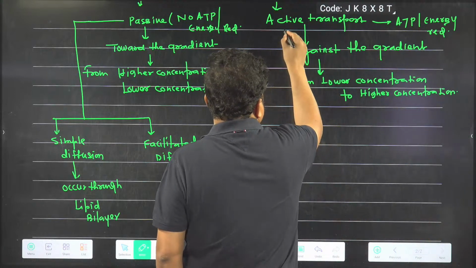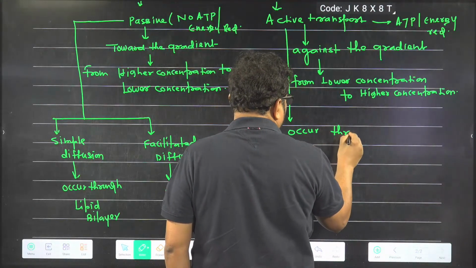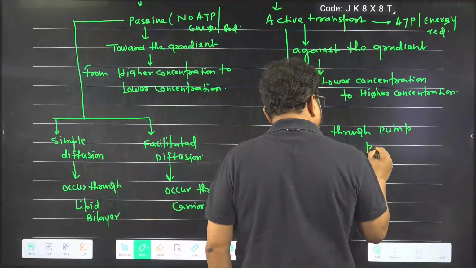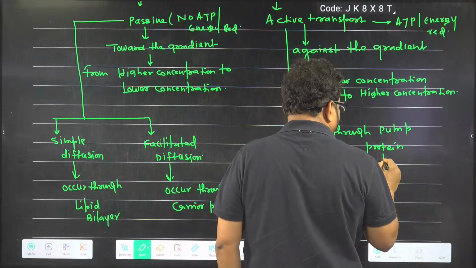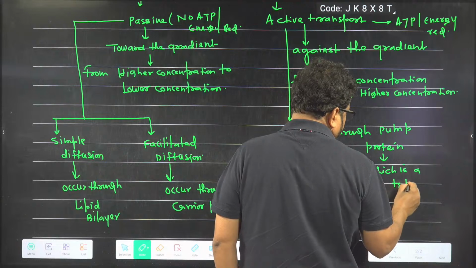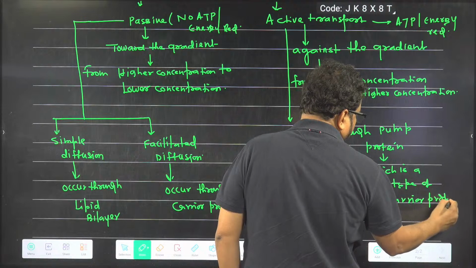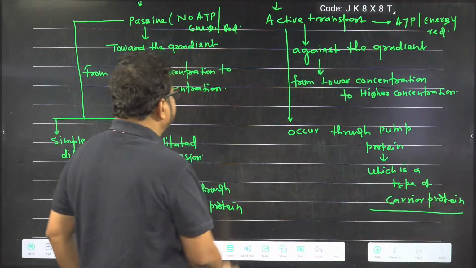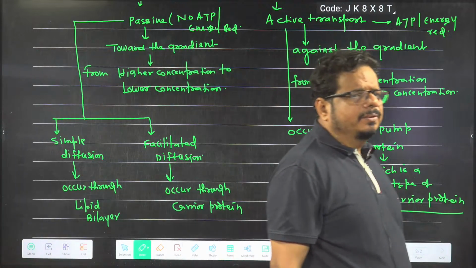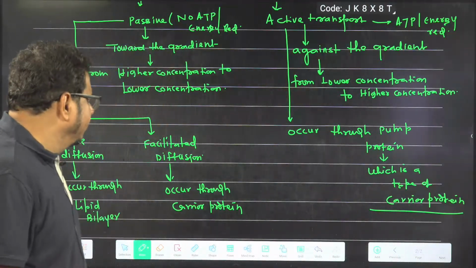Got the idea? And this active transport occurs through pump protein, which is a type of carrier protein. Now I am going to draw the diagram and I will explain all the things I have written here: who is responsible for simple diffusion, who is responsible for facilitated diffusion, who is responsible for active transport.